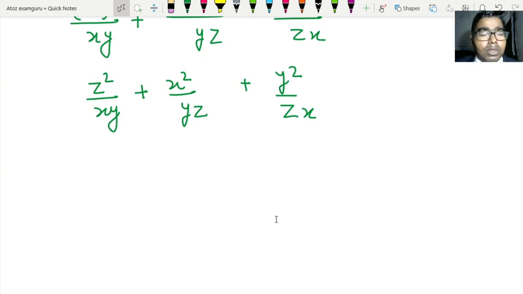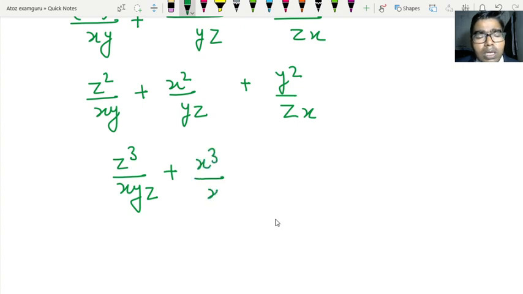To do this, you will get z cube upon xyz. Similarly, x cube over xyz. Similarly, y cube over xyz.